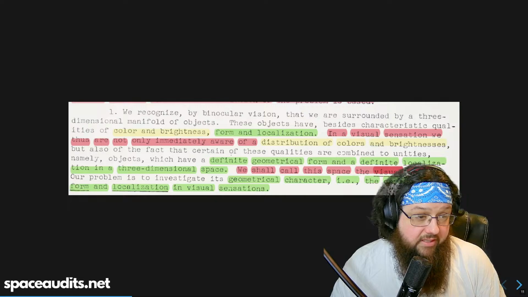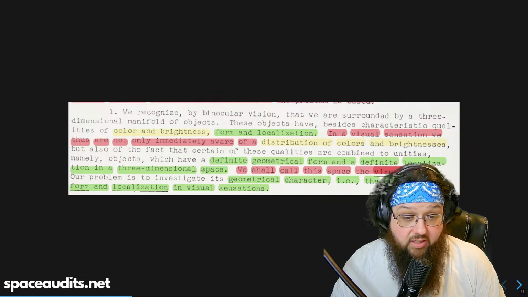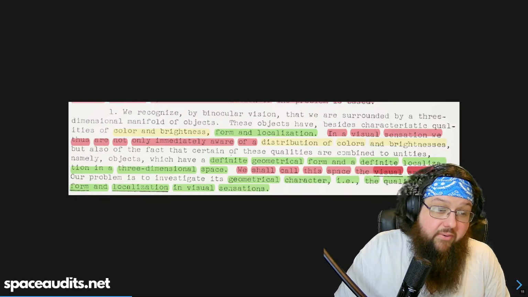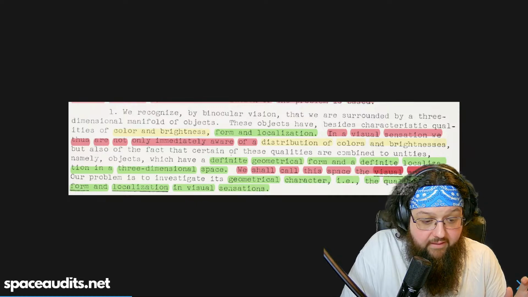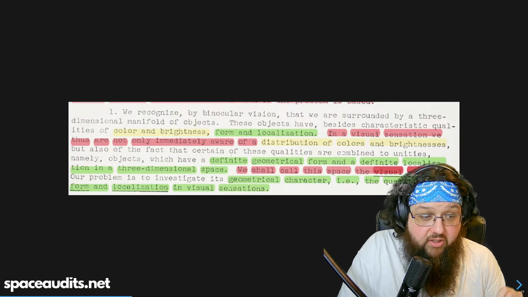Our problem is to investigate the geometrical character, i.e., the quantity and form of localization within this space. So he did a lot of research in mathematics and experiments, trying to map out how we see in curved visual space.